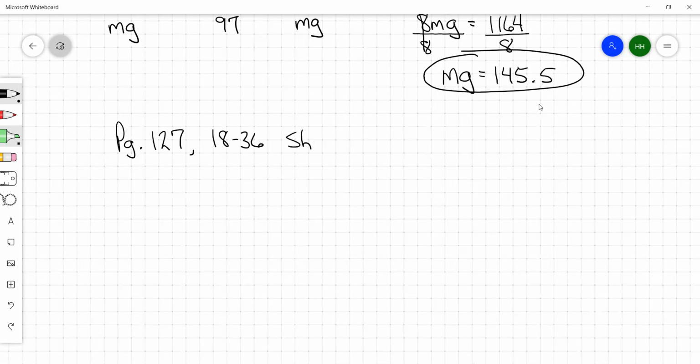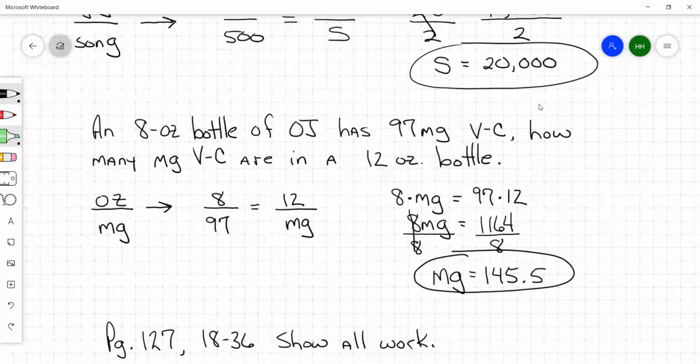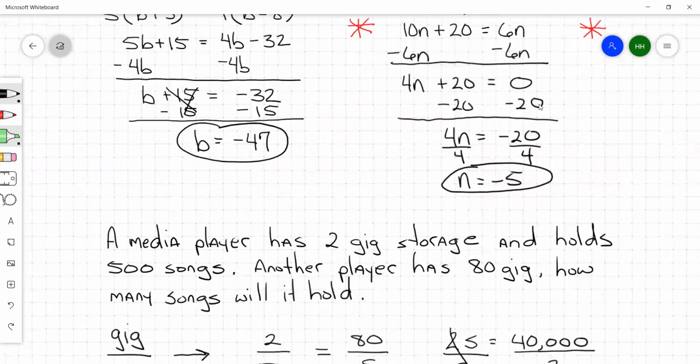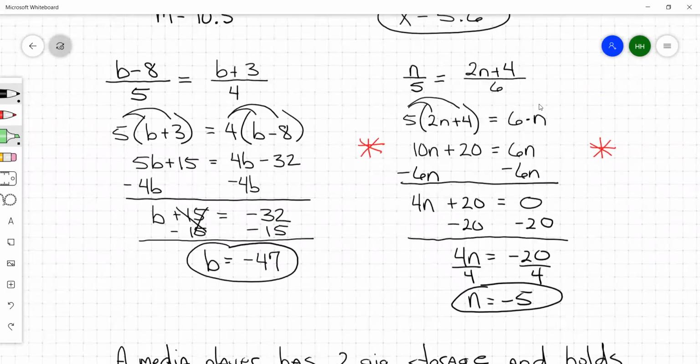You have to show all your work. Show all your work means that if I showed this much work for this type of a problem, then so are you, if you want credit.